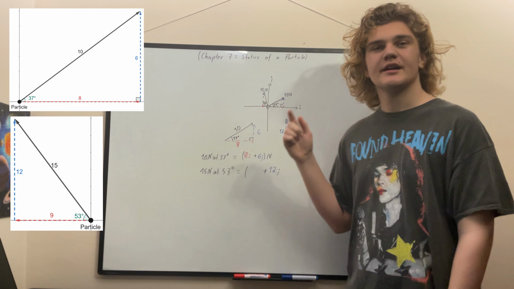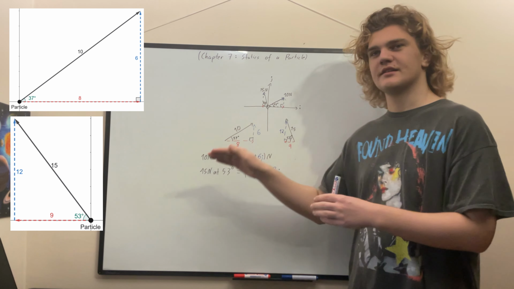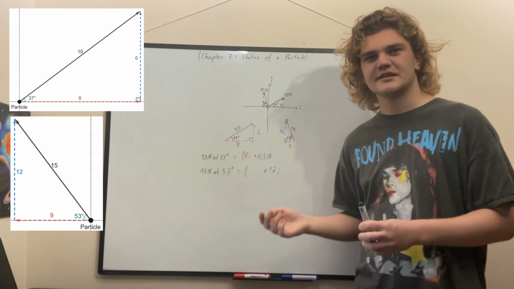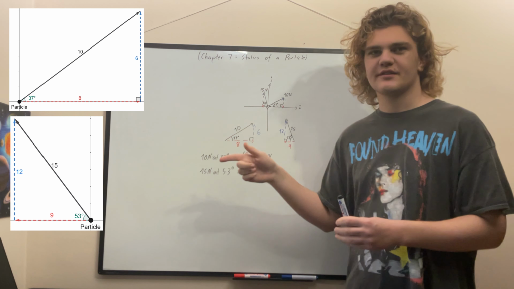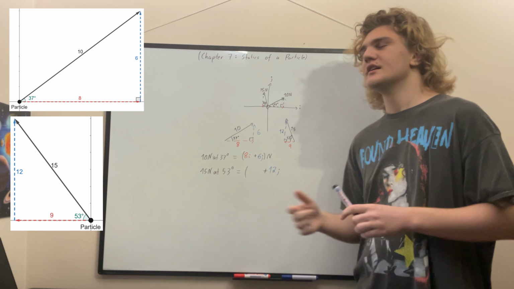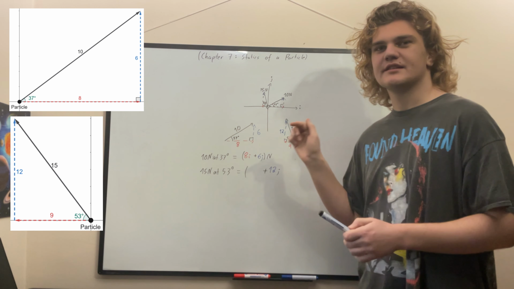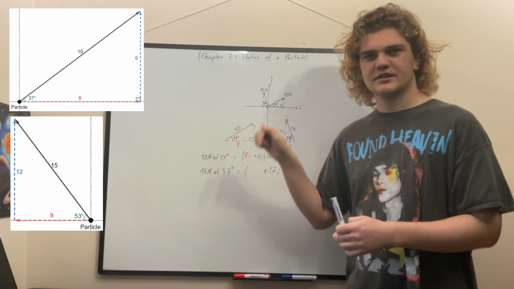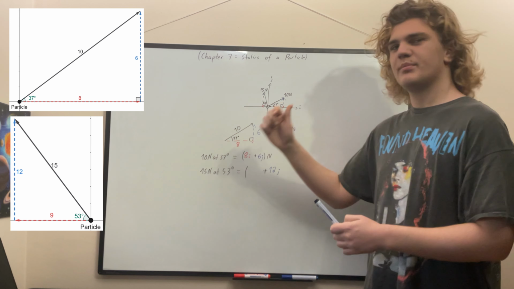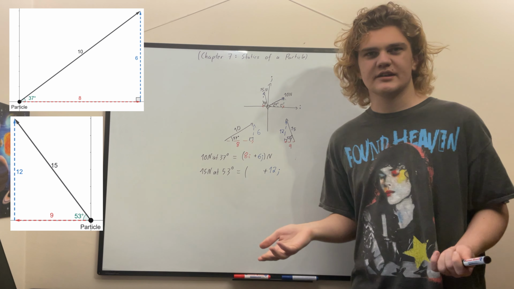But because the horizontal component is going to the left, it's going to be negative because it's going the opposite direction, or the negative direction. So what we like to say is that left is negative, down is also negative, and then up and right are both positive, just like in our x and y graph.